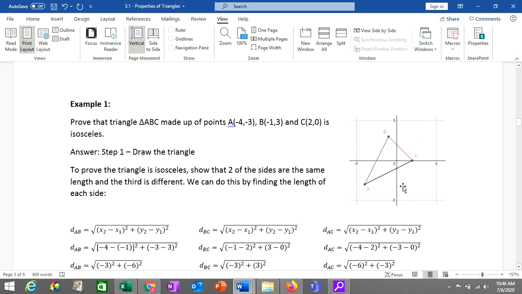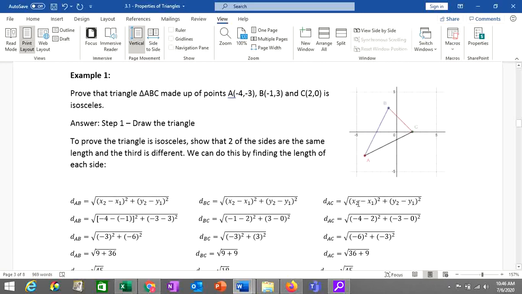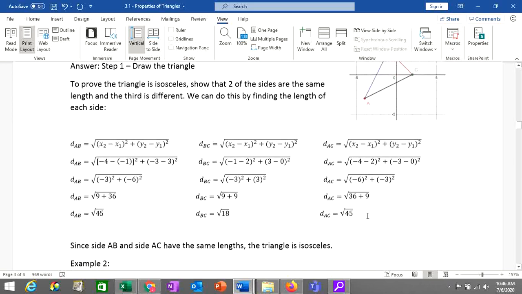So AC. So let's get the length of AC, again the same way. We have point A, we have point C. We do x2 minus x1, y2 minus y1, plug that all in, and we get square root of 45 for AC. And so yeah, we can see that this triangle is isosceles because both AB and AC have the same side lengths. Both side lengths are root 45 units.